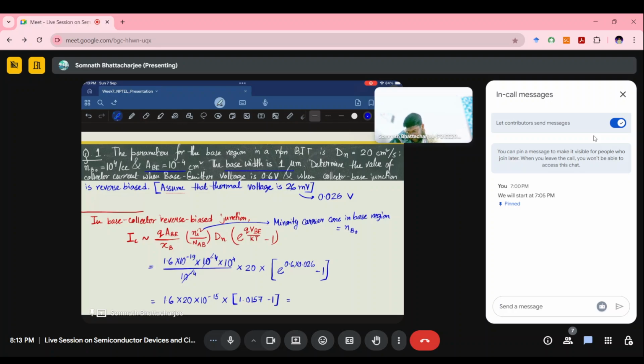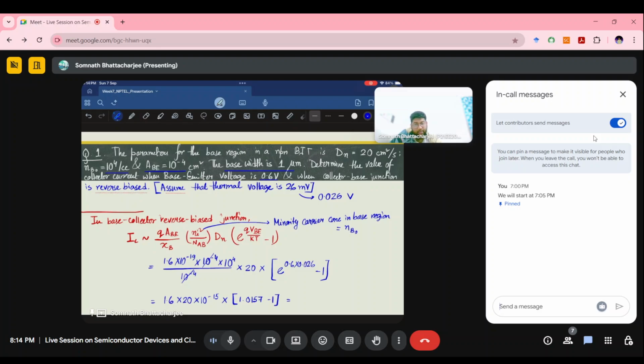I don't think so. Sir, the base is one micro, means 10 power minus 6 will come, sir. One micrometer, no, sir. Base width X. Yes, but here NB is in per cc, right?